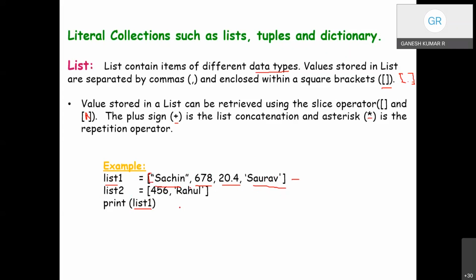So we'll have the output Sachin, comma, 678, comma, 20.4, comma, Saurav. Okay, and print list1. Now, what will be the output of this statement? Print list1 of 0. Any guess what will be the output of this statement?